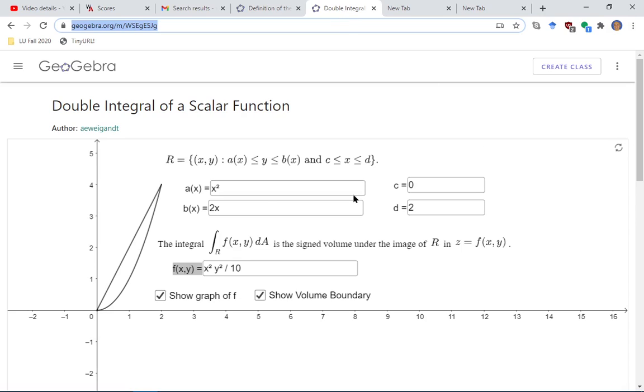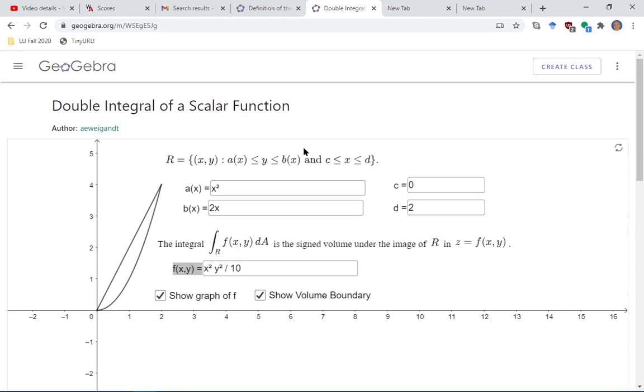Okay, in this page I can give my lower boundary, that's x squared, the parabola we were talking about, and the upper boundary is 2x. So the region we are integrating over looks like a leaf or something. We are to do an integration on this. Our integral is some function. I guess x squared y squared. Here I've typed x squared y squared over 10.